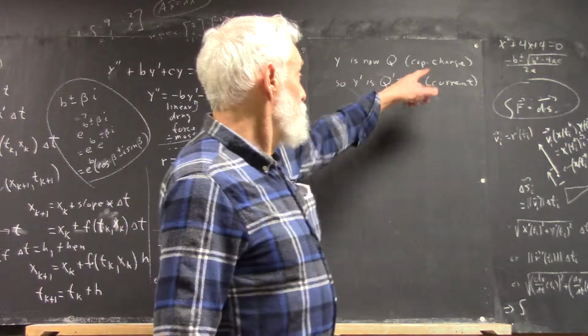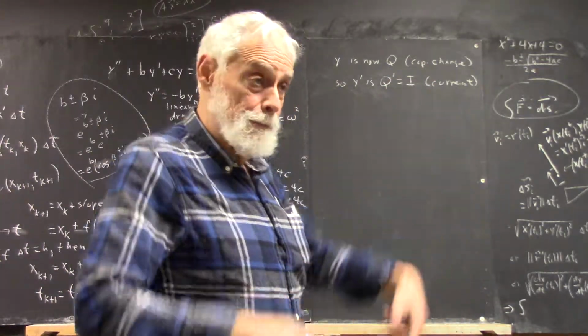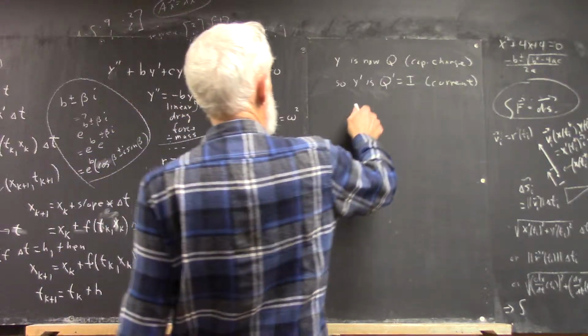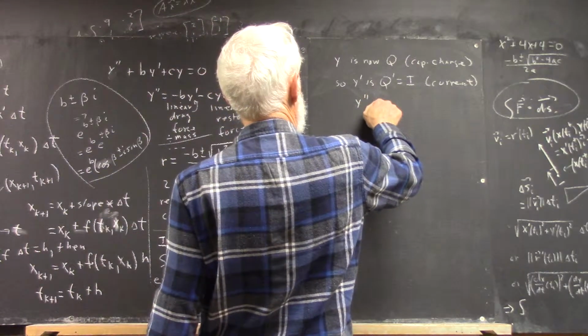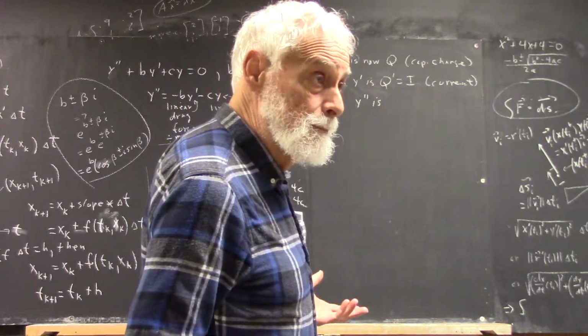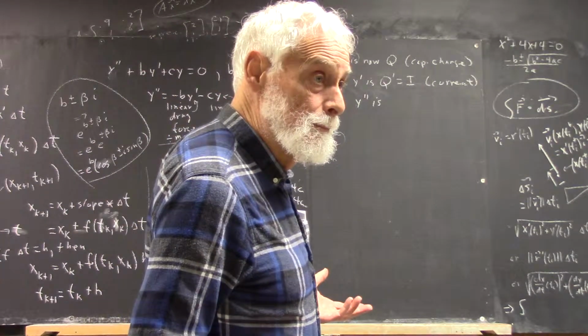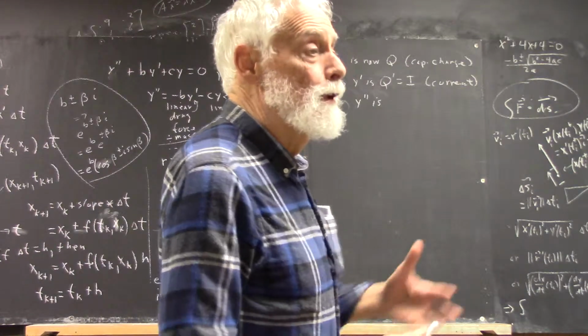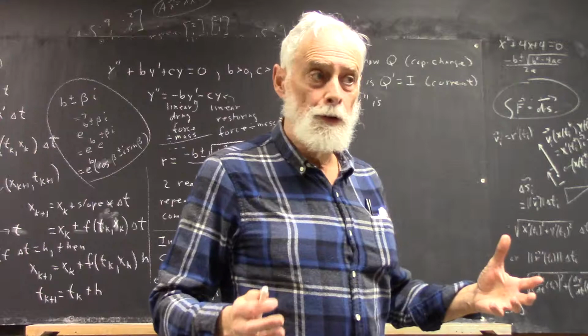The rate at which the charge of the capacitor changes is the current. Y double prime is, well, you don't know. It's proportional to the rate at which current is changing.